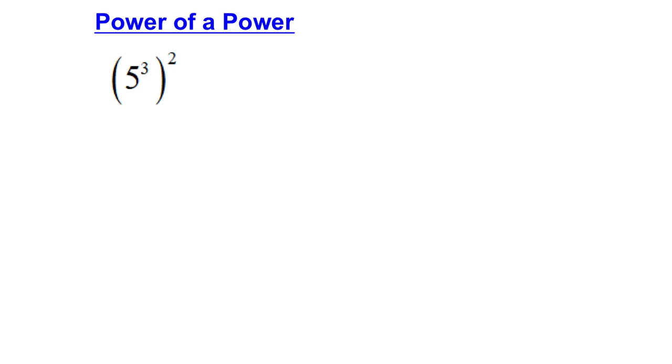This is called a power of a power because the base of this power is itself a power. So this exponent of 2 means this gets multiplied by itself twice. So we have 5 to the exponent 3 times 5 to the exponent 3.